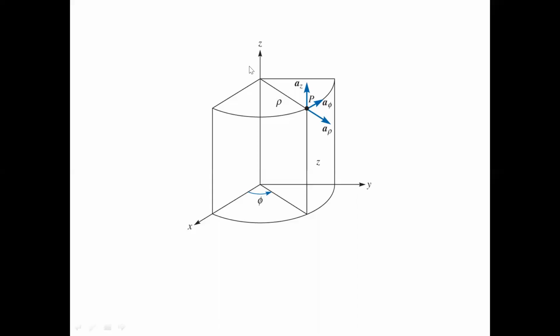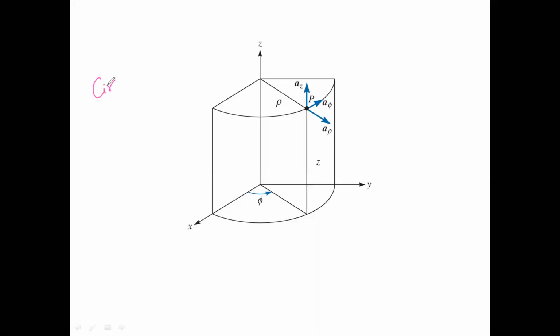Let me write the name of this system, circular cylindrical coordinates, where a point is represented with the parameters rho, phi, z. These are the three parameters that we use in circular cylindrical coordinates: rho, phi, z.